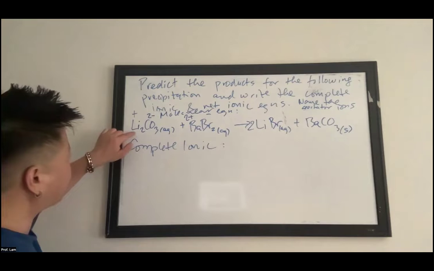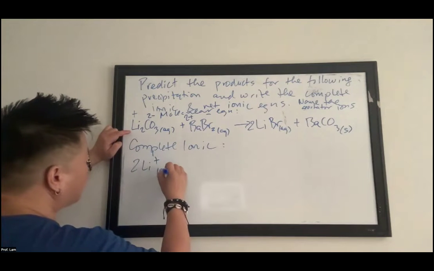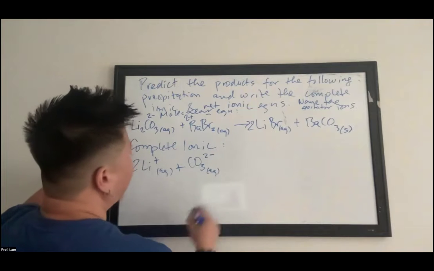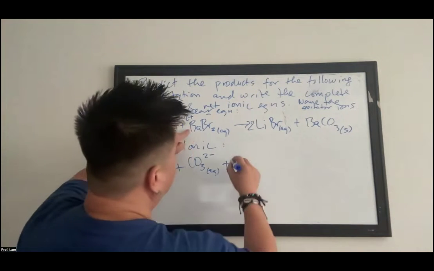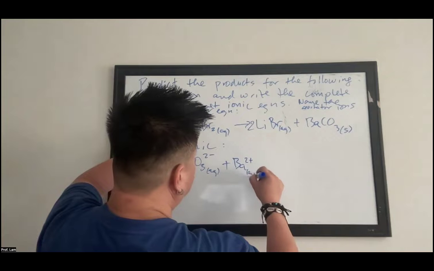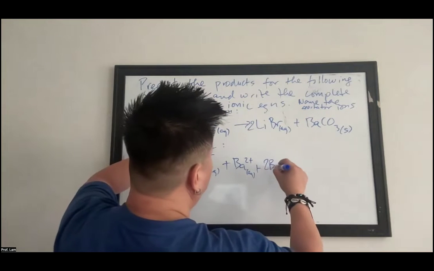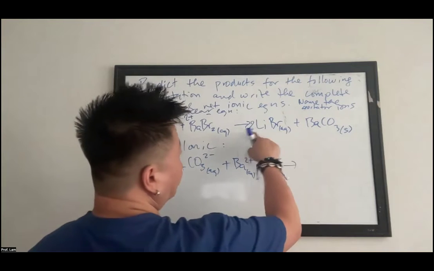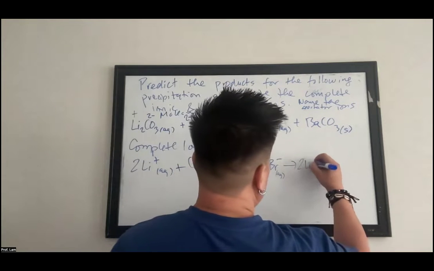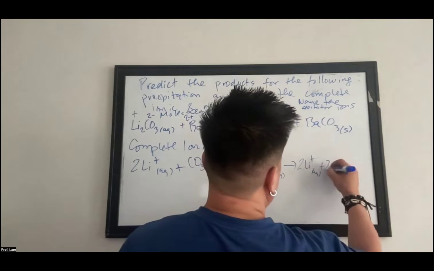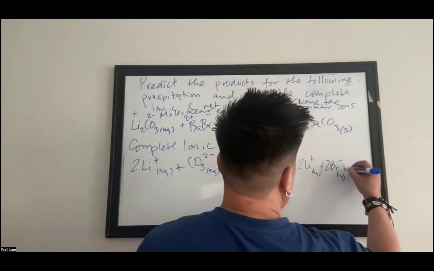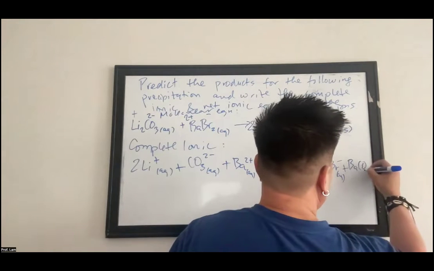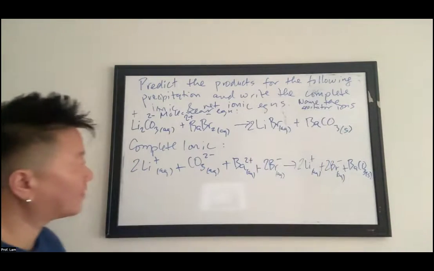So I see aqueous here, that's 2 Li plus aqueous, plus a carbonate, CO3 2 minus aqueous, plus barium, 2 plus aqueous, plus 2 Br minus aqueous goes to, this is aqueous too, so you split it up as well. 2 Li plus aqueous plus 2 Br minus aqueous plus, this one you don't split up, right? Because it's a solid, BaCO3 solid.